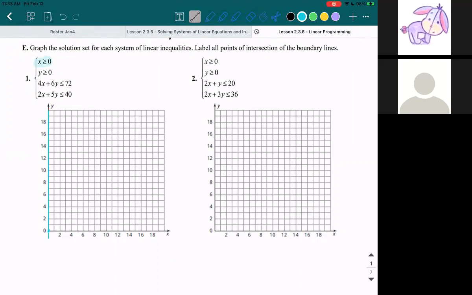So for this one, it says x is greater than or equal to 0. So I drew a solid vertical line where x was 0. Solid because there's the equal to symbol underneath that. And we're going to shade to the right because it says x is greater than. So when it's x's instead of y's, we are going to shade left and right. So if it says greater, we're going to shade to the right.